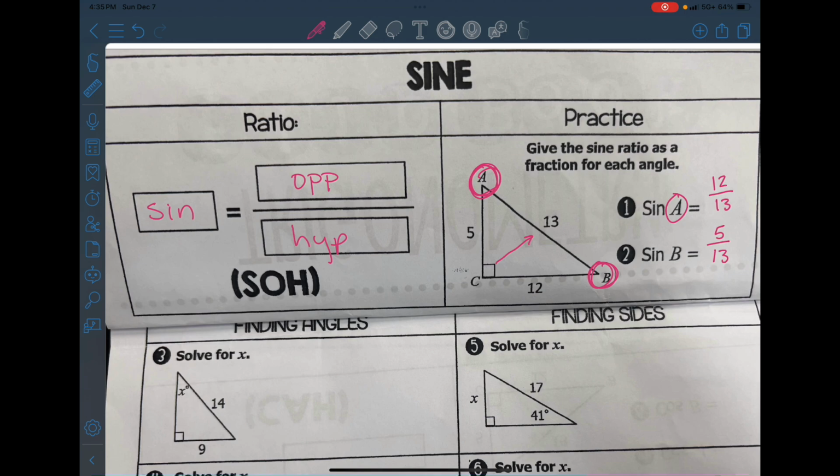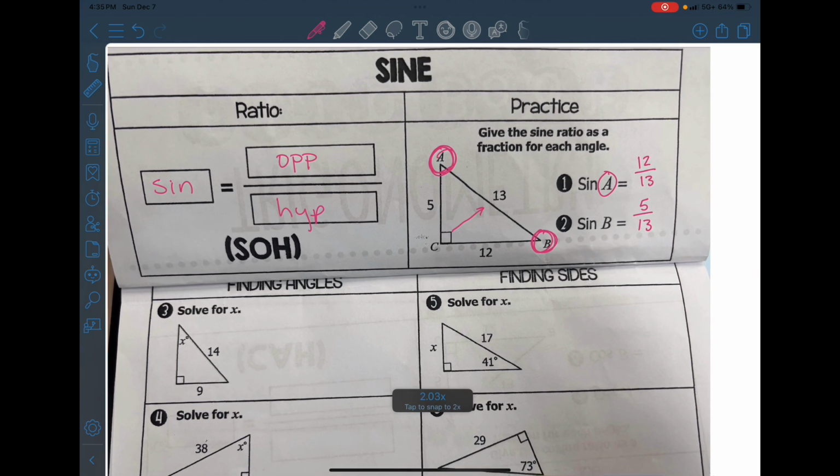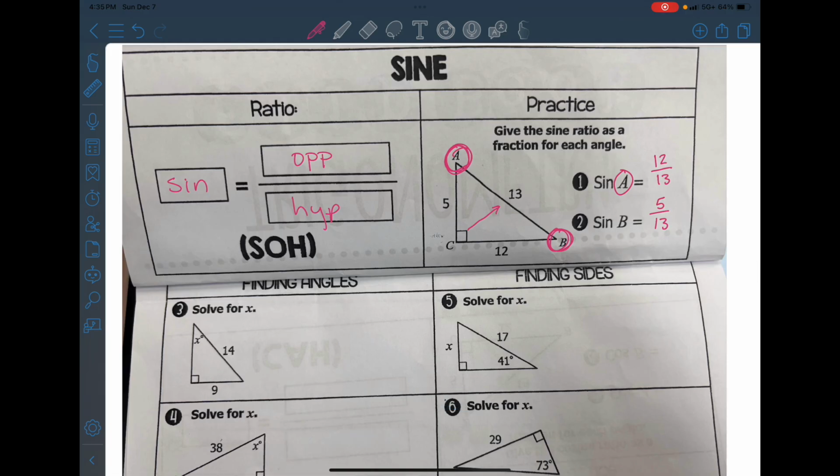So let's use this function. We're going to skip to number 5 right now instead of 3 and 4. We'll come back to those in just a minute. Find x. If we're looking at angle 41, we have our opposite and we have our hypotenuse, so we know we can use sine.